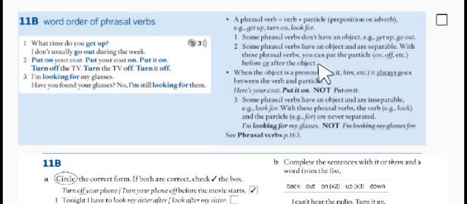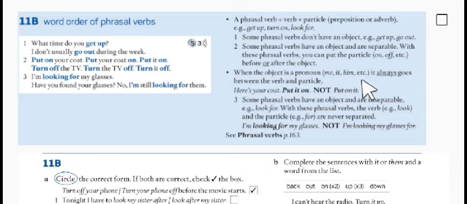With these phrasal verbs, you can put the particle on, off, etc. before or after the object. When the object is a pronoun, زمانی که object ما یا مفعول ما ضمیر هست. For example, me, it, him, etc.